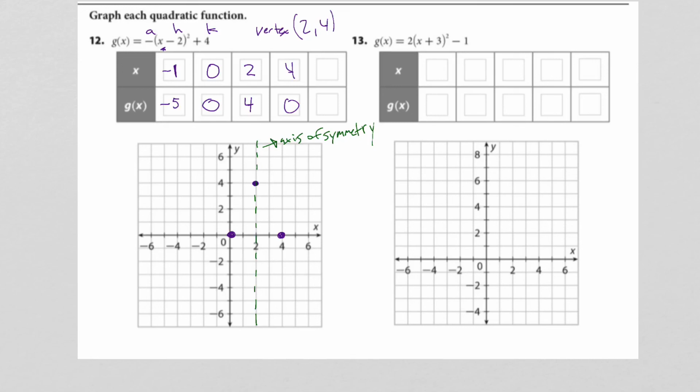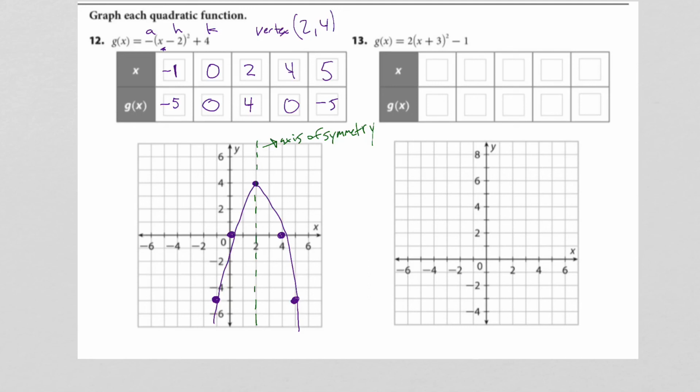So this next point is negative 1, negative 5, which is down here, which means the other point is also going to be over here. How come? Parabolas are symmetric. So that's going to be negative 5, and this point here is 5. So if you can graph half of it, you can graph the other half.